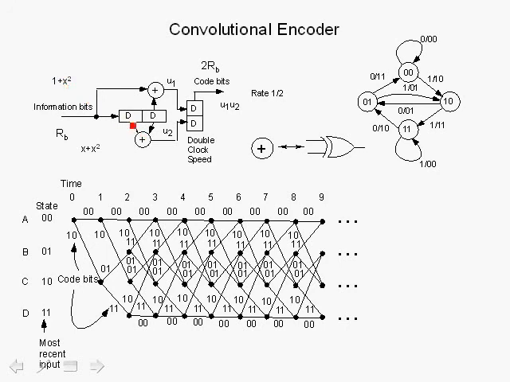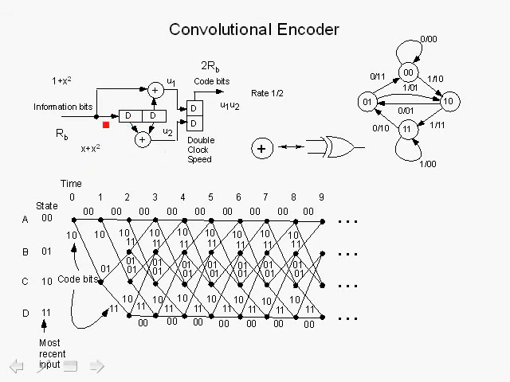And then, since we are not tapping off the first shift register, the coefficient associated with x to the power of 1 is 0. But we are tapping off the second shift register location, and we have, of course, x to the power of 2. So the top polynomial is expressed as 1 plus x². At the bottom, we can illustrate this with another polynomial.